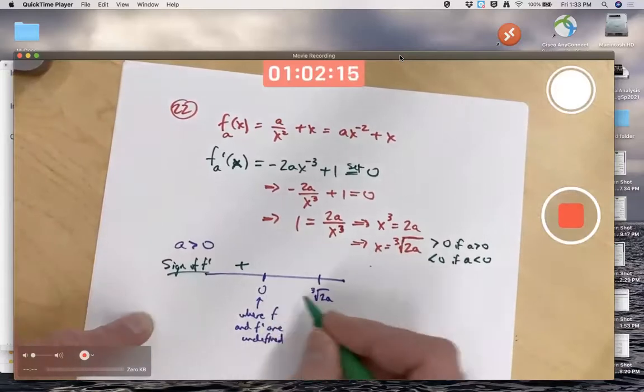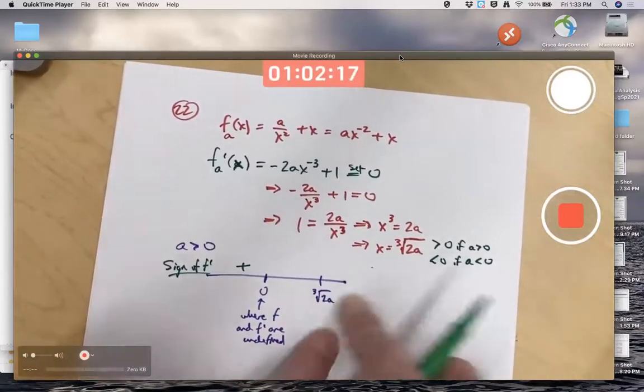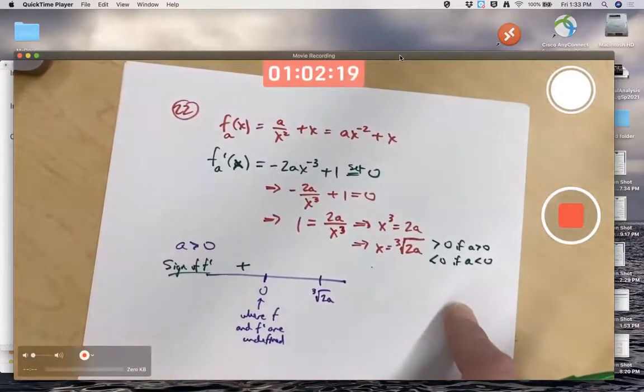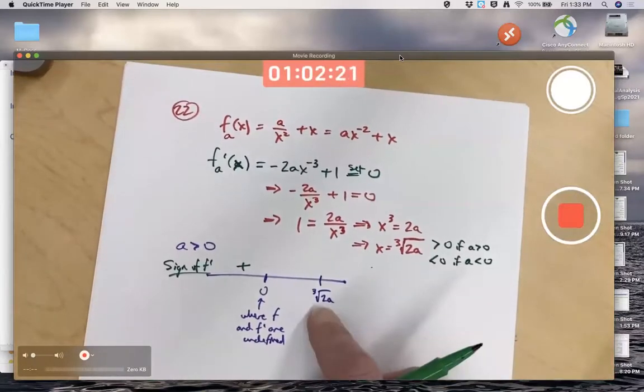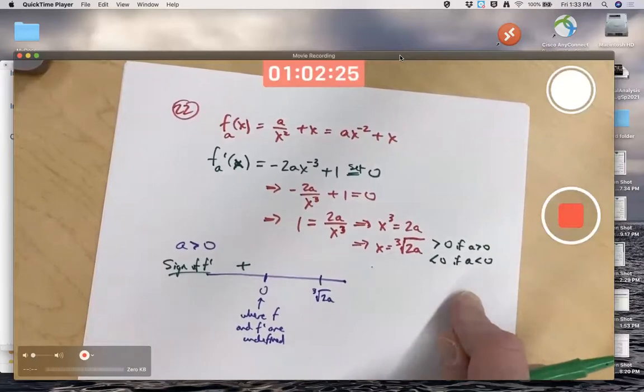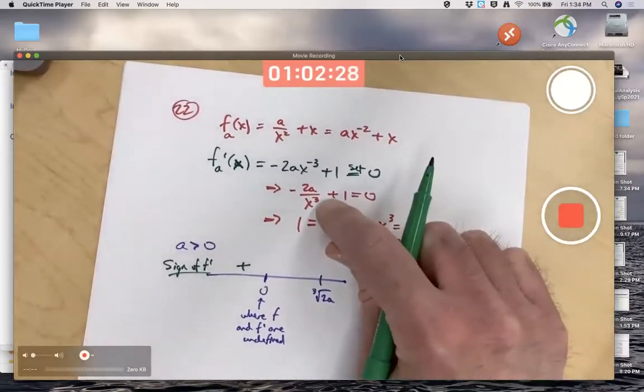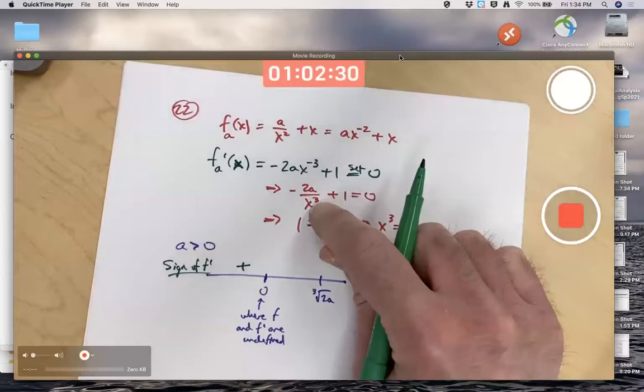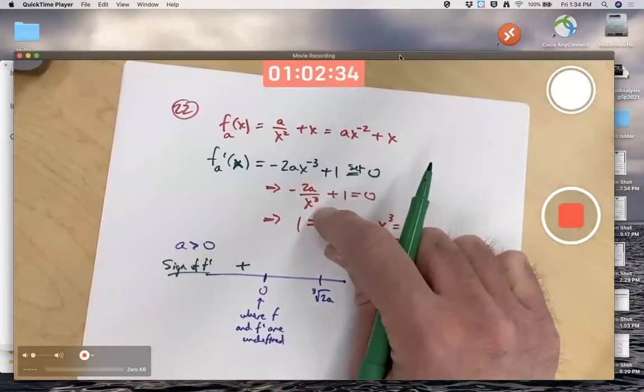Let's imagine x is really big. How big? I don't know what a is, so I don't know exactly what to say. Just imagine it's really big. If I plug in a really big positive number for x, x cubed is a really big positive number, and -2a divided by a really big positive number is a small negative number.